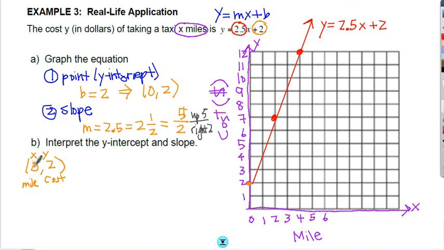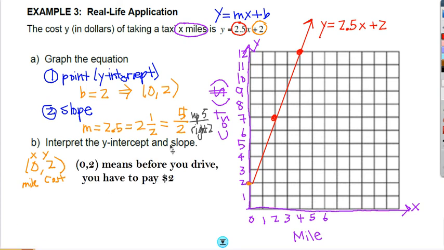So basically, at 0 miles of riding the taxi, you're paying $2. What does it mean that you travel 0 miles? It means you haven't gone anywhere. So before you leave, just for getting in the taxi and just for calling the taxi, you need to pay $2. I said 0, 2, the y-intercept means before you drive, you have to pay $2.